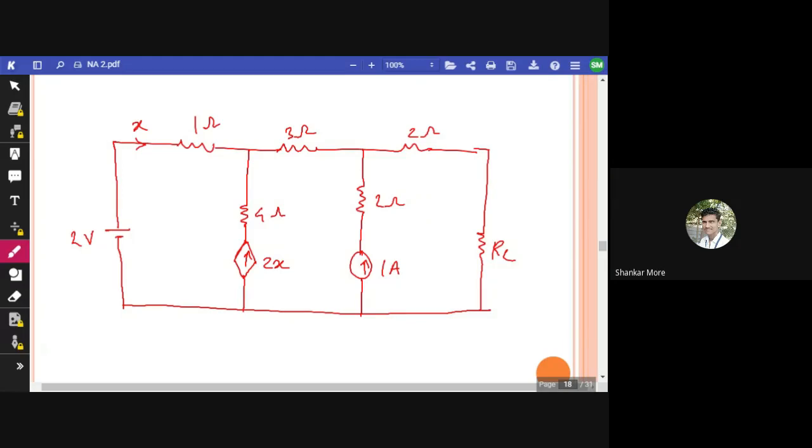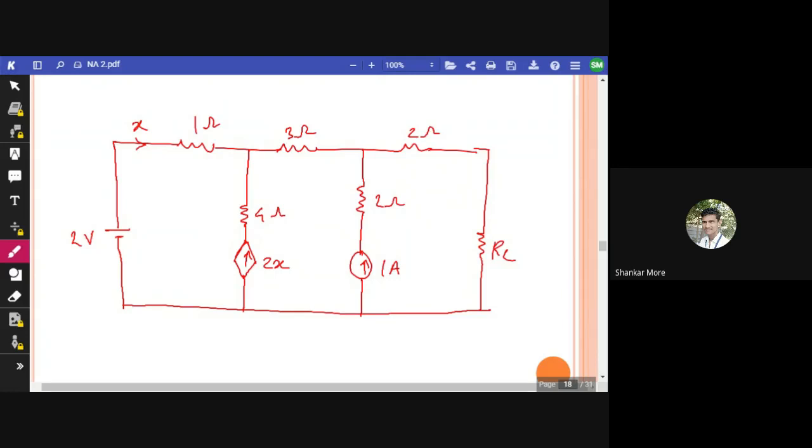So here we have three sources. First one is a voltage source, that is 2 volt. Second one is a current source, a dependent current source whose value is 2x. And the third one is a current source whose value is 1 ampere.